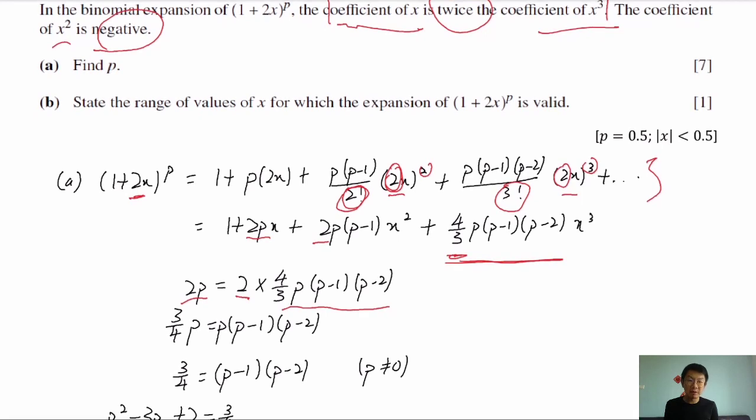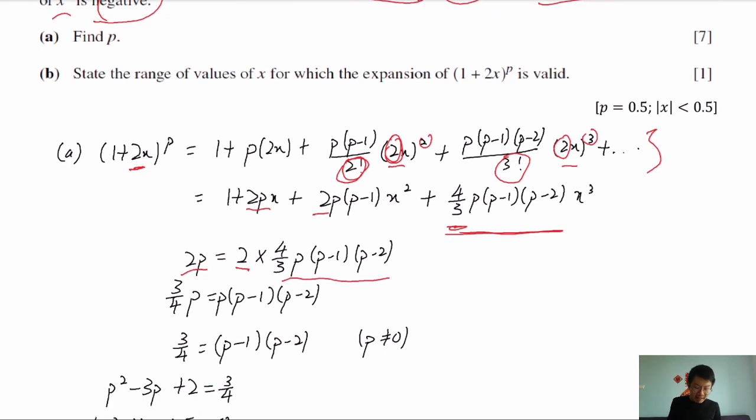Basically, from there we have to work with the values of p. Since we have p on both sides, we can cancel it off, because p is not 0. We know that p is a constant that is not going to be 0, so we can cancel from there.